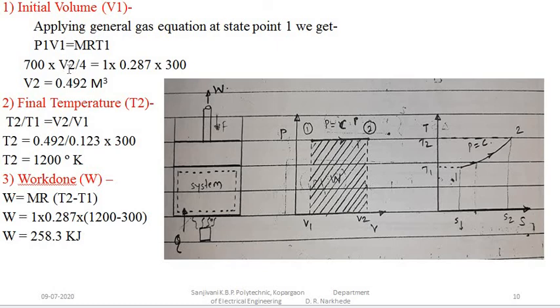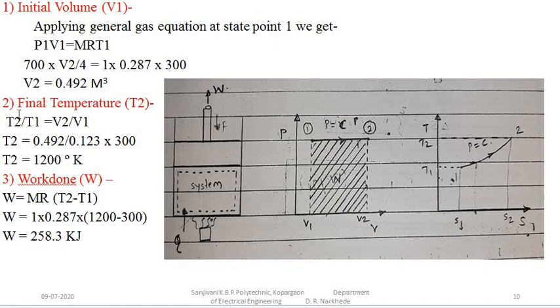So the final volume V2 is equal to 0.492 meter cube. Therefore, we can calculate the volume V1. V1 is equal to V2 upon 4, so that becomes 0.123 meter cube. So we have calculated the initial volume and the final volume.